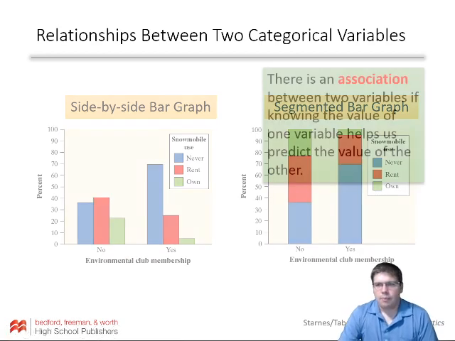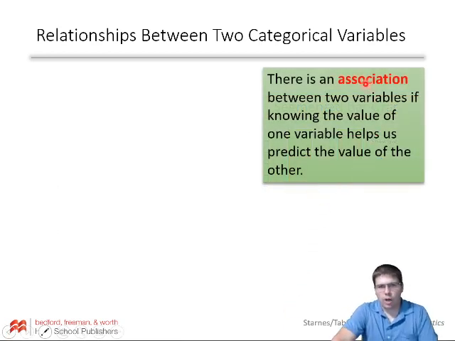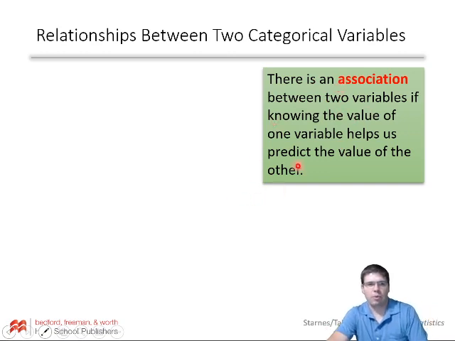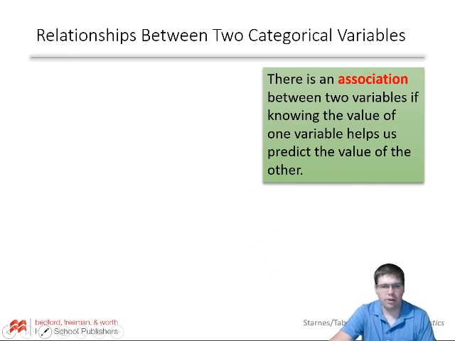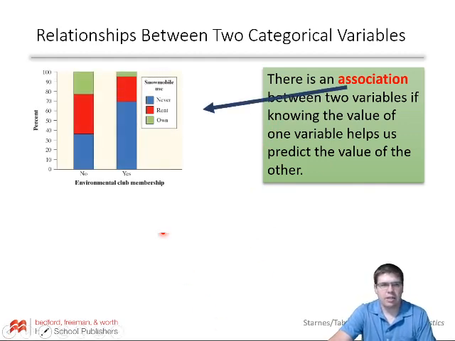All right, so if we're looking for an association between two variables, in other terms, a relationship between them, it means that knowing the value of one variable helps predict the value of the other. So the fact that these two things are different: if I know you're an environmental club member, I know that you're less likely to have owned a snowmobile.